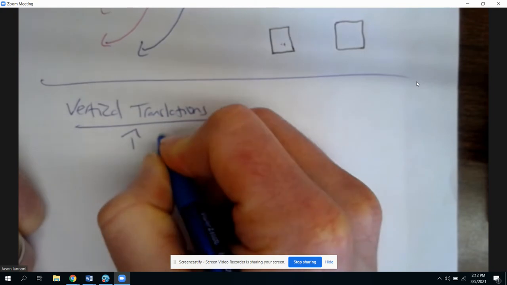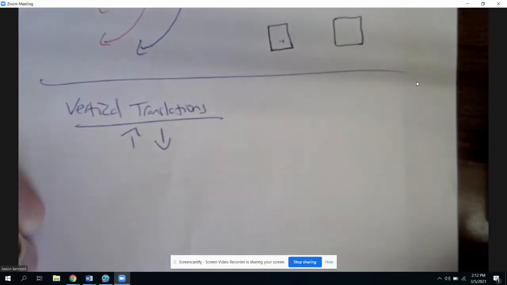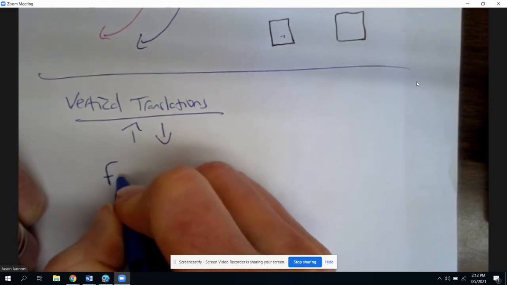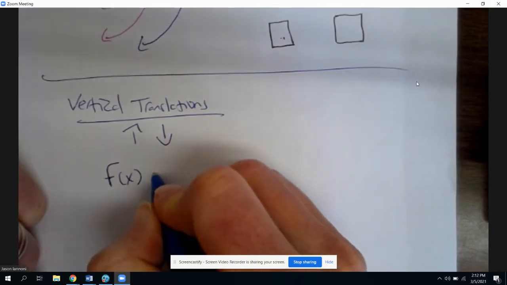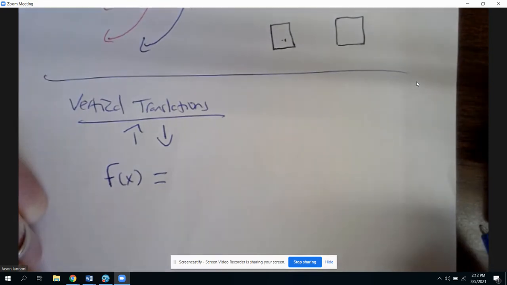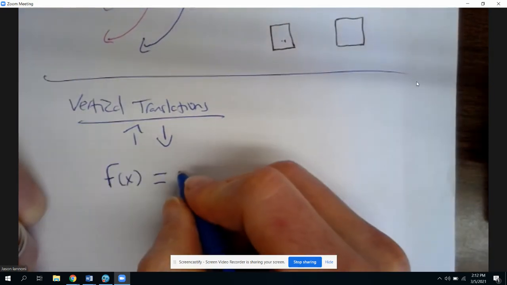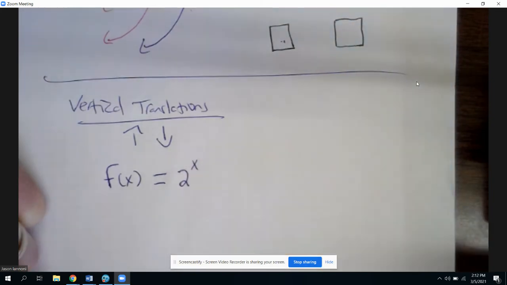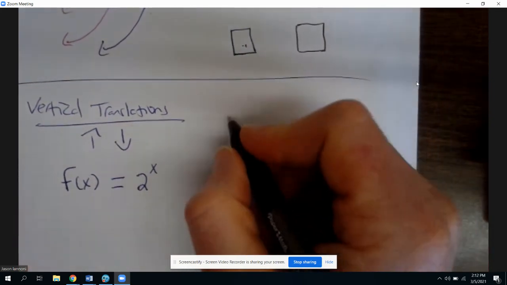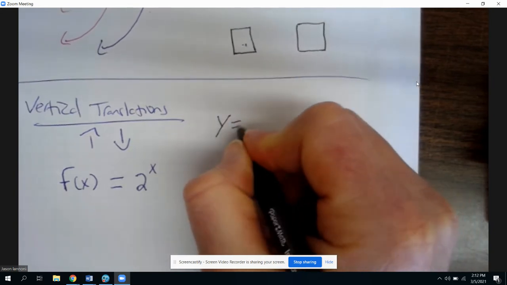Again, we're talking about sliding it either up or down. We have this formula here, and we'll use a number with this one just as an example. You might say, Mr. I, there's a number missing for that exponential.